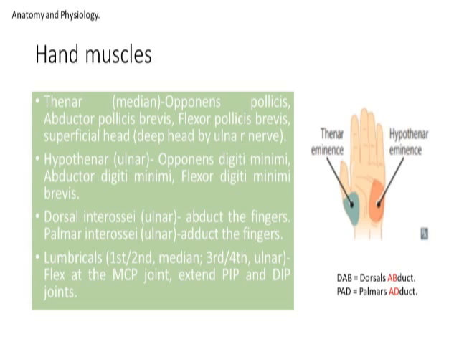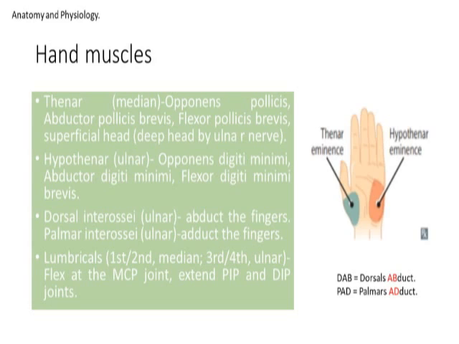Here it is important to see various muscles in the hypothenar region, on the ulnar side: opponens digiti minimi, abductor digiti minimi, and flexor digiti minimi brevis.